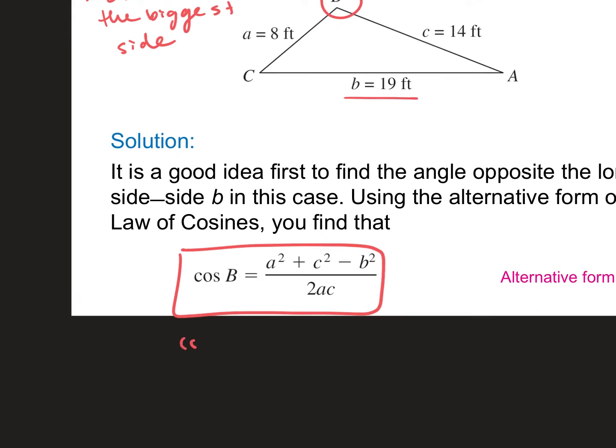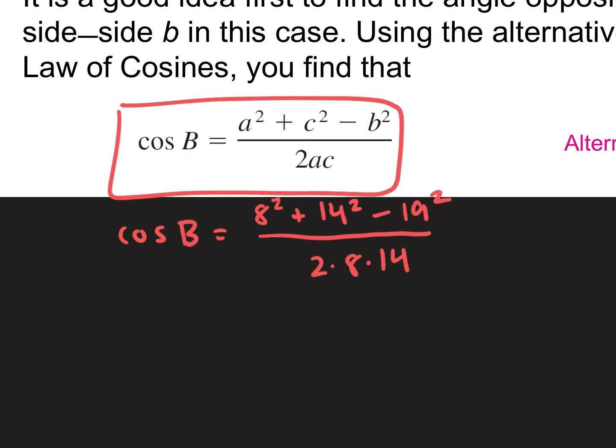So cosine of B is equal to a squared, so that would be 8 squared plus 14 squared minus 19 squared over 2 times 8 times 14. And then we put this into our calculator.